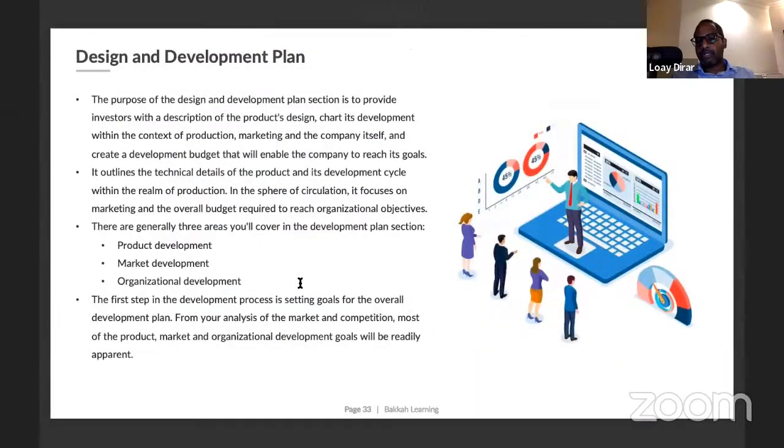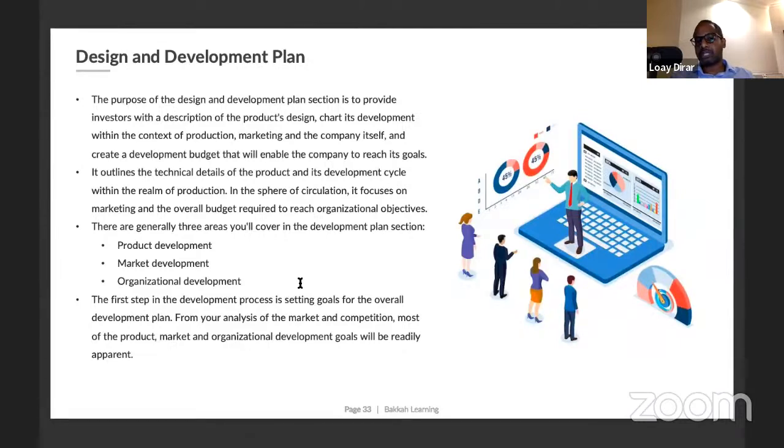Now we reach the level where we need to start designing and developing the plan, a plan that's going to help us execute and deliver our business plan. It might be a very interesting idea that you have been dreaming about for a very long time, or it might be a market opportunity that will help your business grow.